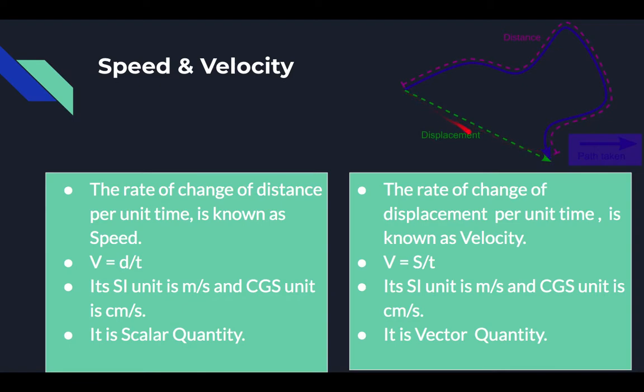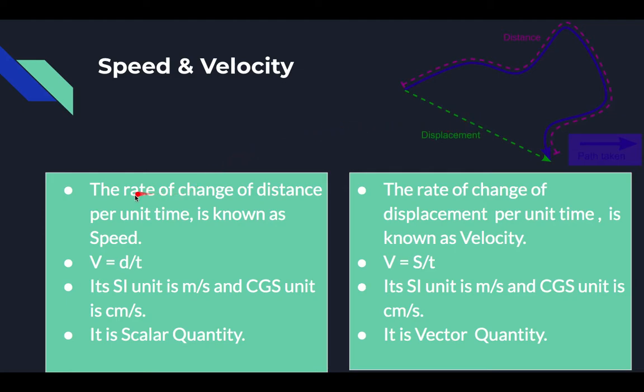This straight path is called displacement, and this curve path is called distance. When a body moves along this curve path, the motion it has is called speed. And if the body moves in a straight path, then the motion of that body is called velocity.